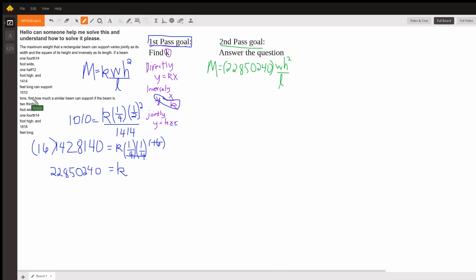Now, we're trying to answer their question, which is here. And so, it's m that we're trying to find, and we're just going to plug in the other numbers for the new beam.